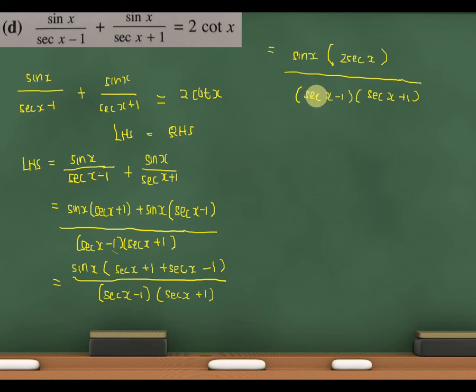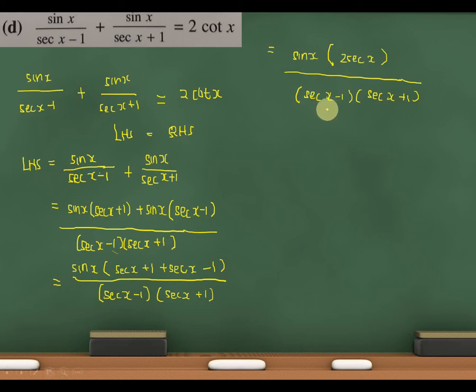Okay, so here I know that I need to change to 1 over cosine x because sine divided by this will give me tangent. So I'm nearer to cotangent. Over here, I might need to change and expand this because I remember the identity of 1 plus tangent square theta equals secant square theta.